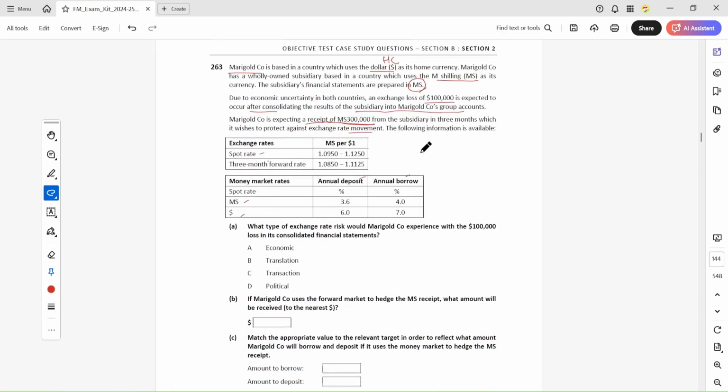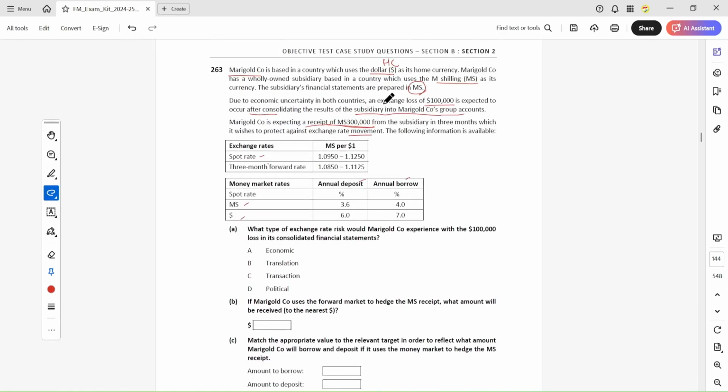What type of foreign currency is Marigold expected to receive from the subsidiary in 3 months' time? Yes, Marigold is the parent or group company, which will receive from the subsidiary, who has MS as currency, as this is the subsidiary's currency in a different country.